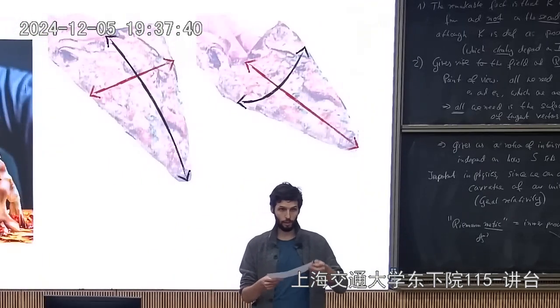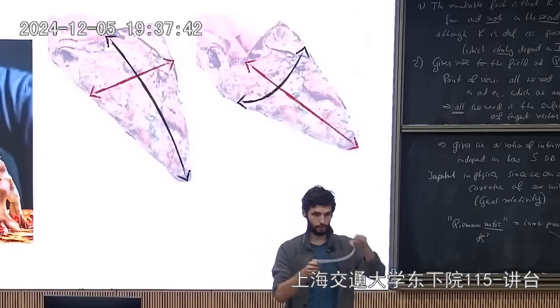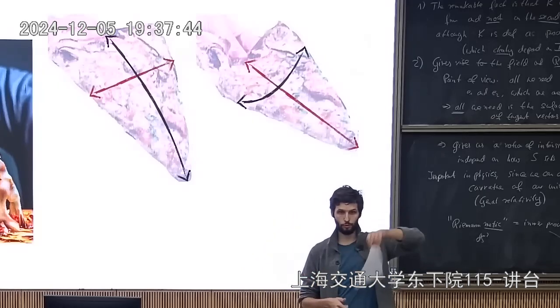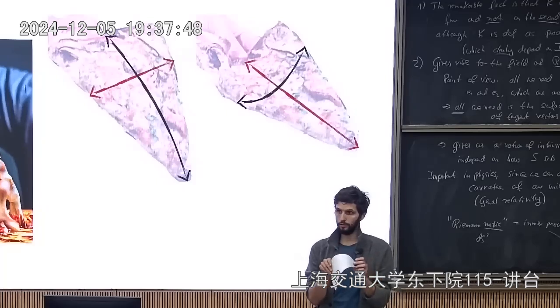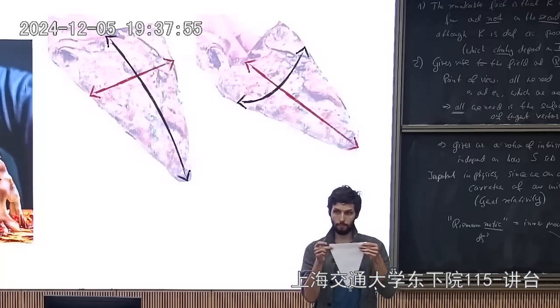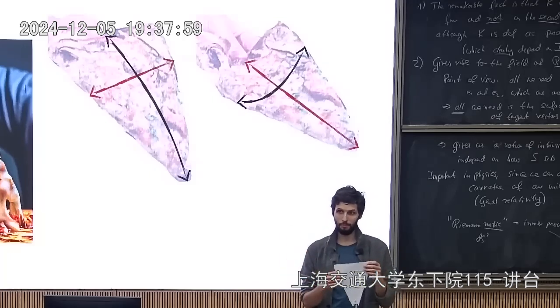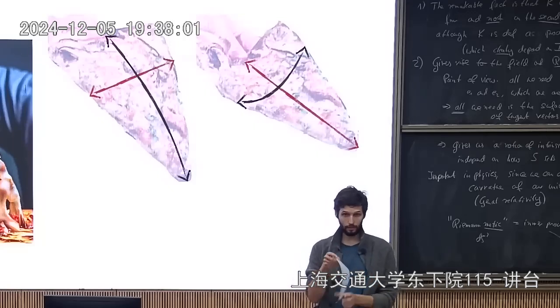It's very easy to bend it. You don't need much force to bend it. But it's always a local isometry. It's very hard to stretch the paper. You need a lot of force, and you just rip the paper apart. So bending is easy. Local isometries are easy to do.